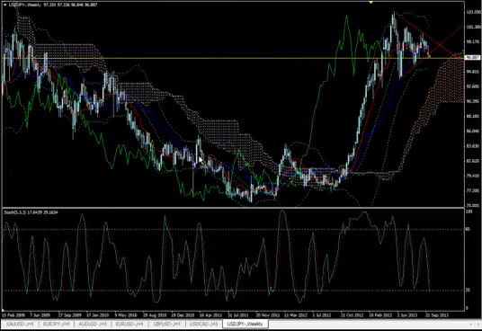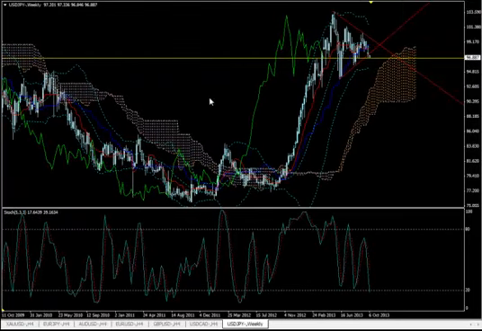On the weekly time frame, we see that the fast stochastic has just touched the 20 level, but this is not necessarily telling us anything, because the slow stochastic is far away in the midway, so it can always reverse and go upwards.